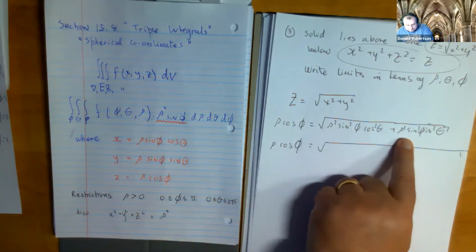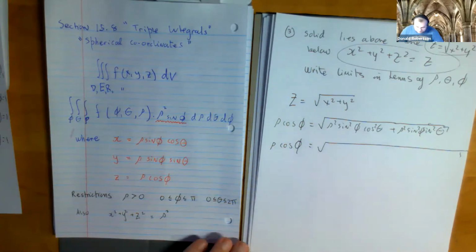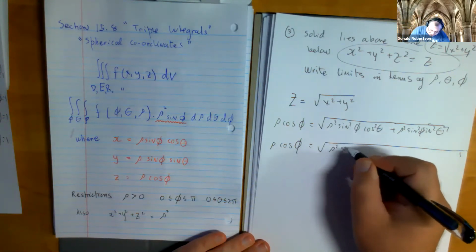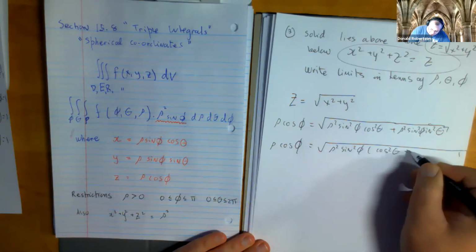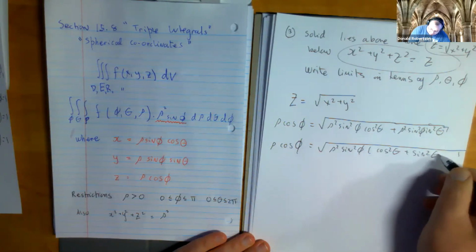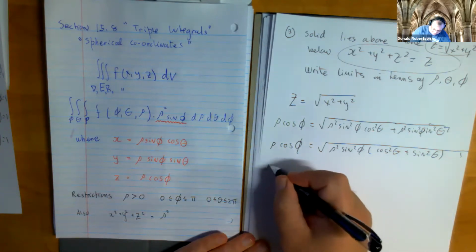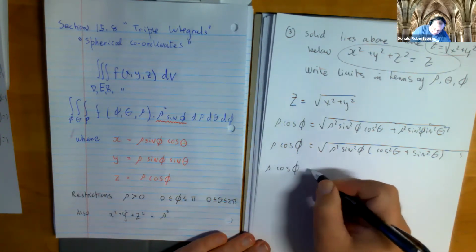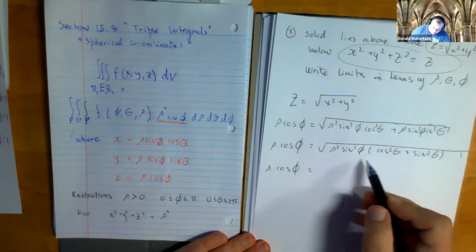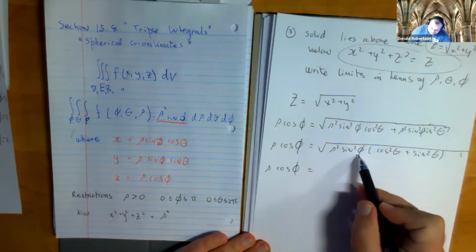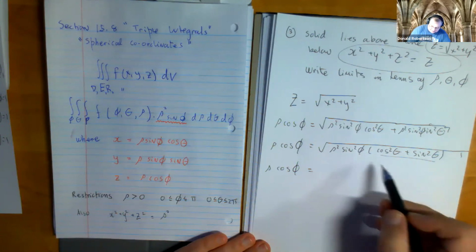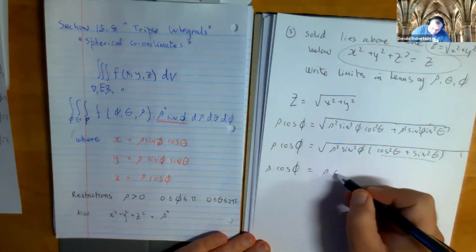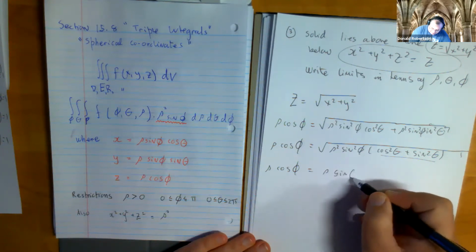Can you pull out a rho squared? Yup. Can you pull out a sine squared? Yup. If you do that, what you're left with is cos squared theta plus sine squared theta. Well, what do you get here? Well, isn't that 1? And isn't the square of that that guy?